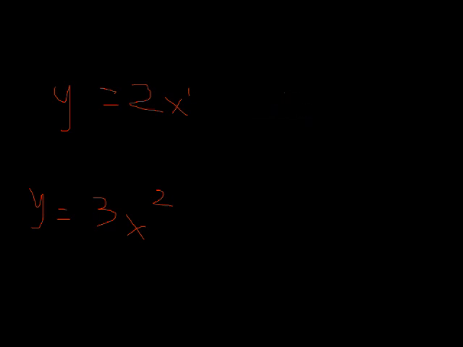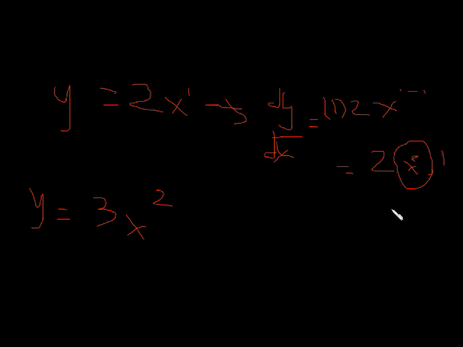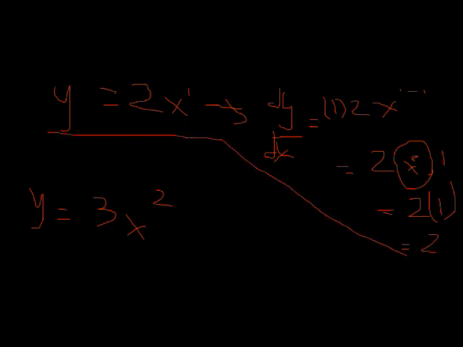So the derivative of this equation will be 1 times 2, and the variable's power reduces by 1, which is x raised to the power 0, 1 minus 1, and any number raised to the power 0 is 1. So 2 ones are 2. So the gradient of this graph will be 2.